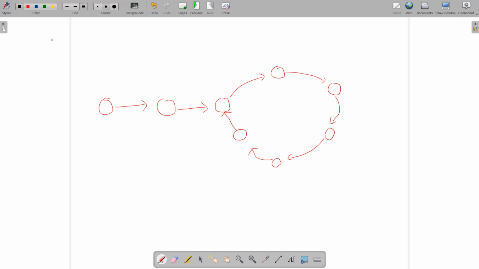You can see there is a linked list and it contains a cycle. Obviously, we are talking about the cycle right now. Let's claim that this is the meeting point.